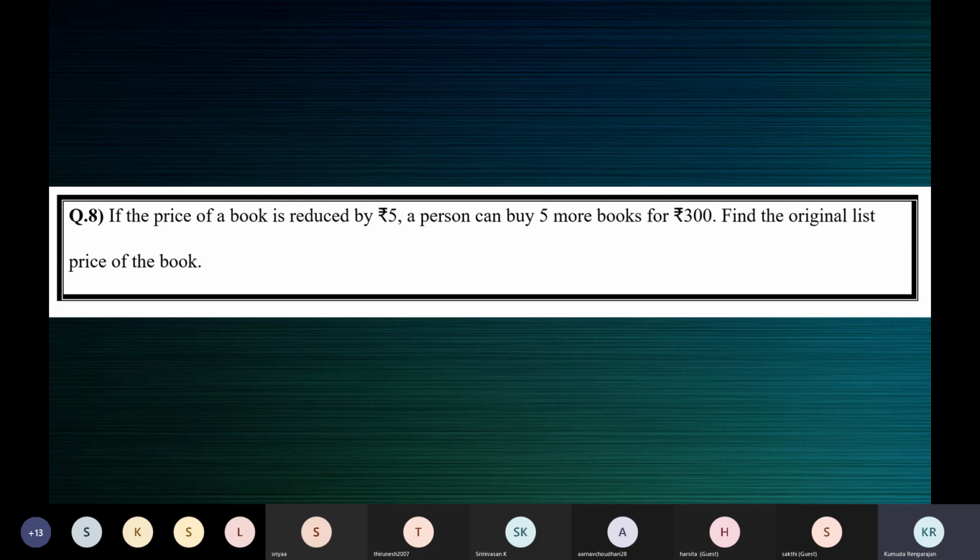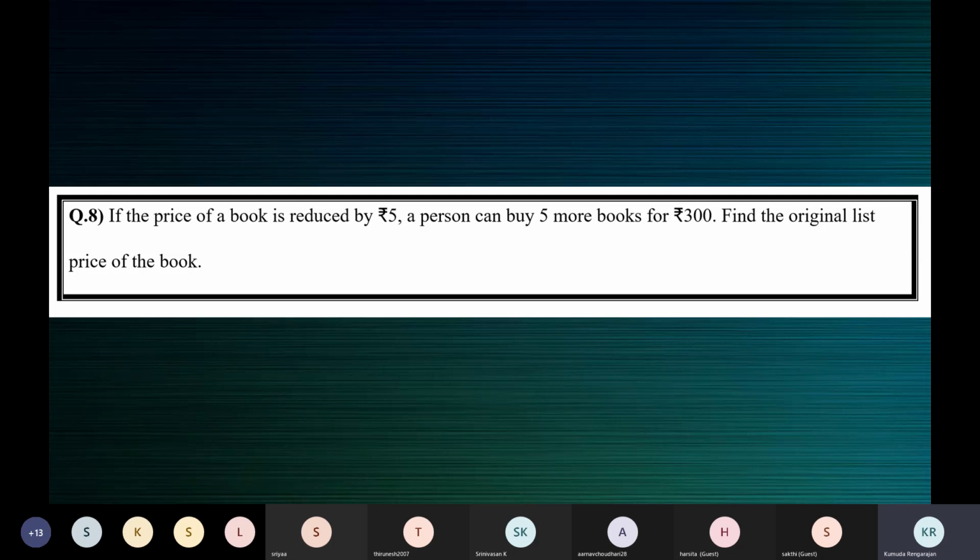Let's see how to do this. Like how we have these three quantities, speed, distance, and time, connected by the equation speed is equal to distance by time. Here the total money this person has is 300.